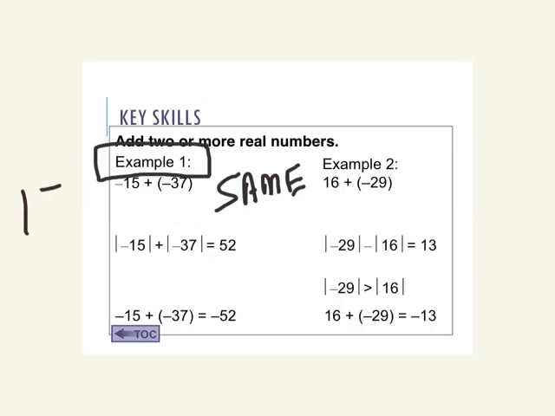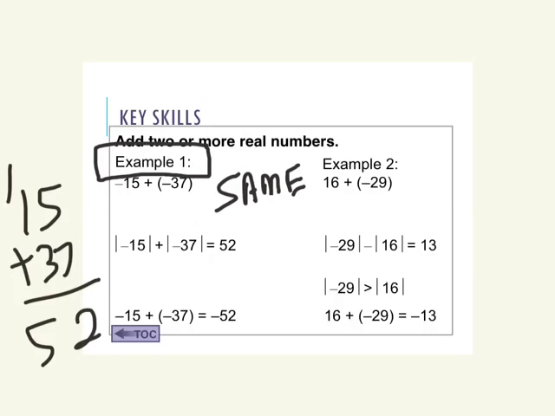So I'm going to take 15 and 37, I'm going to disregard their signs, I'm going to add them. If you add 15 and 37, you end up with good old 52. Now remember, the answer is not 52 because it's same signs, add and keep. So we got to keep the sign they share. They were both negative, so my answer must be negative. Same signs, add and keep.